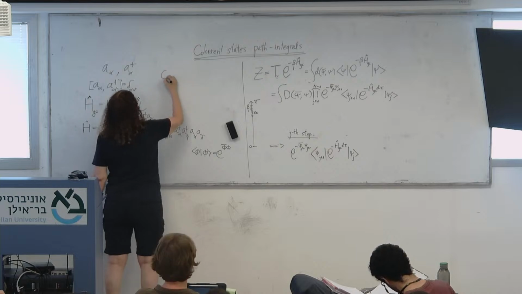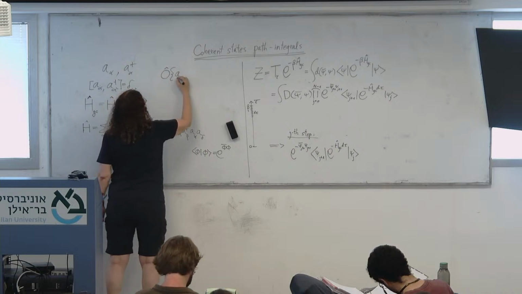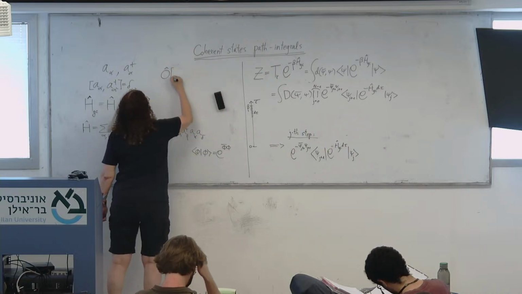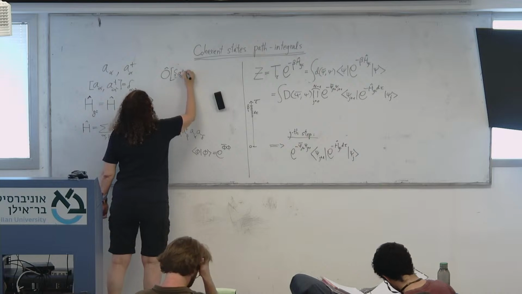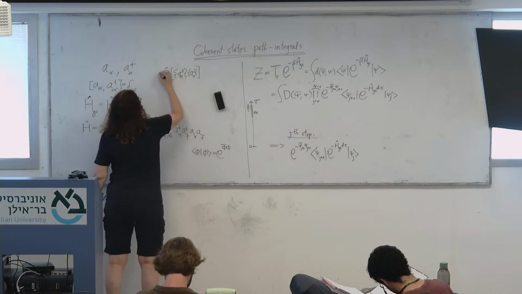You take any operator that is a functional of A alphas. So we write it like this, the functional of some A alpha dagger and A alpha, and it's normal ordered.